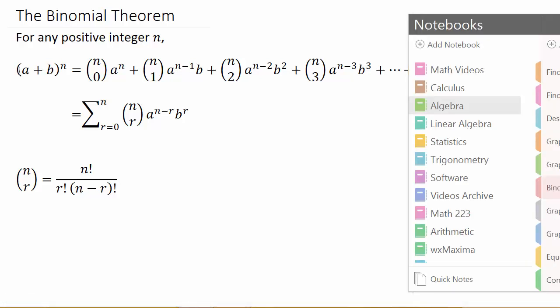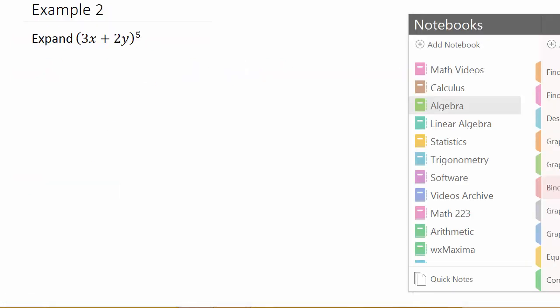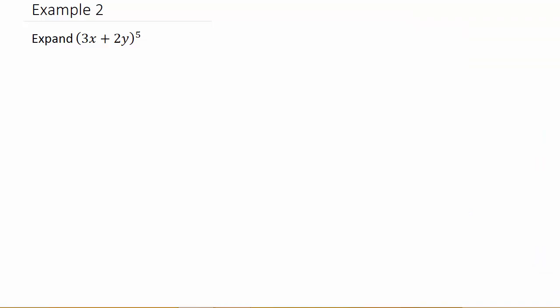All right, so let's go ahead and look at the second example. You might want to go back and write that formula down so you'll have it while we're working the example. What I want to do first is get a, b, and n. I want to know what those are.